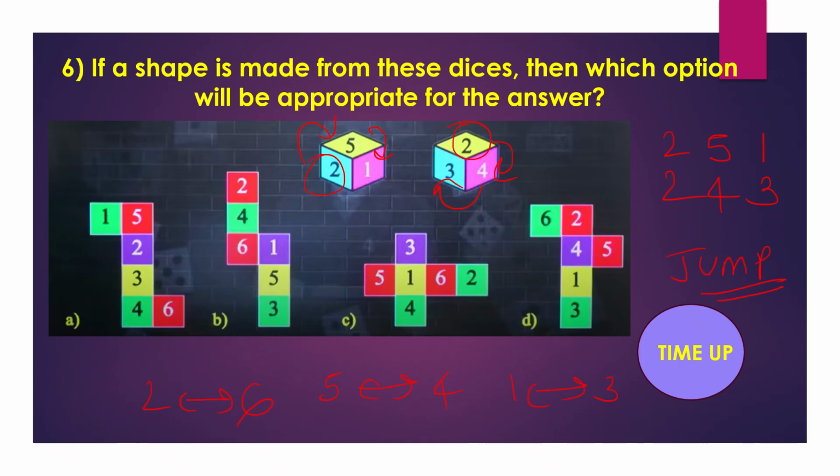Correct? You need to jump. So 1 and 3, where can you see that? See option B, 1 and 3. I'm jumping and I'm getting the opposite pairs. Then 2 and 6, correct? 4 and 5. So which is the correct option? B is the correct option. Okay.